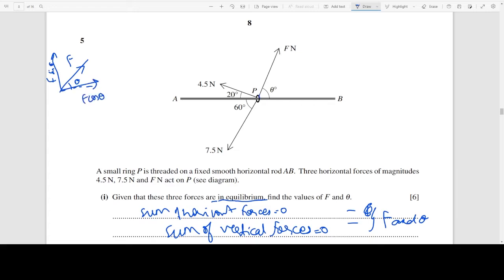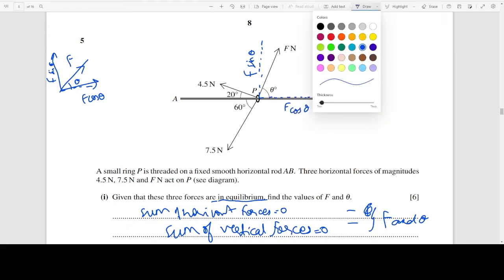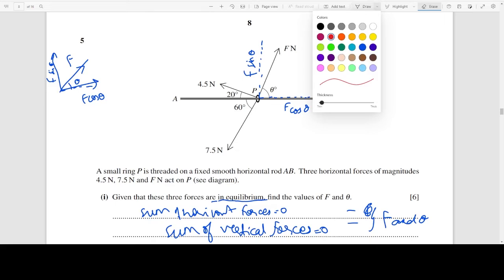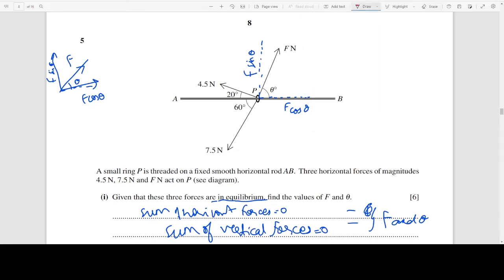Similarly, we have over here the vertical component is going to be F sine theta, and the horizontal component is going to be F cos theta. Now we just have to solve. So we'll do that for all the other forces.